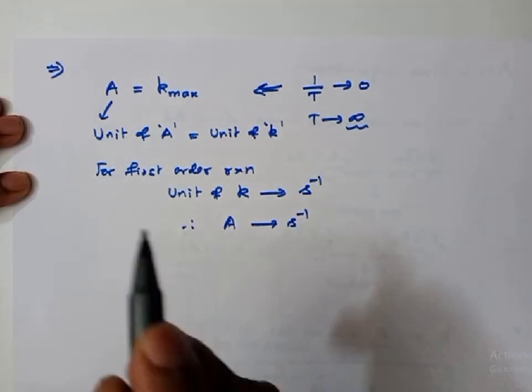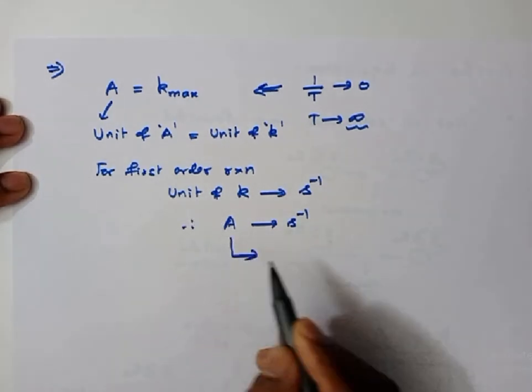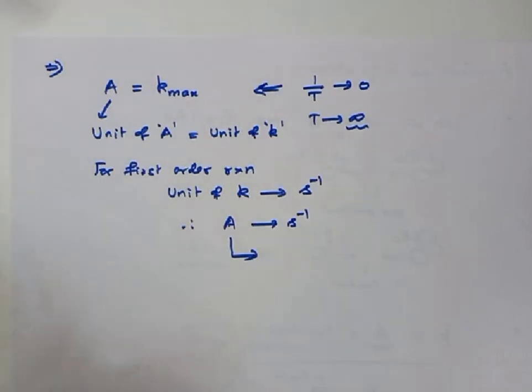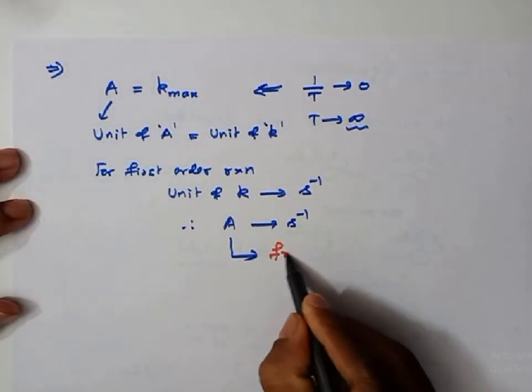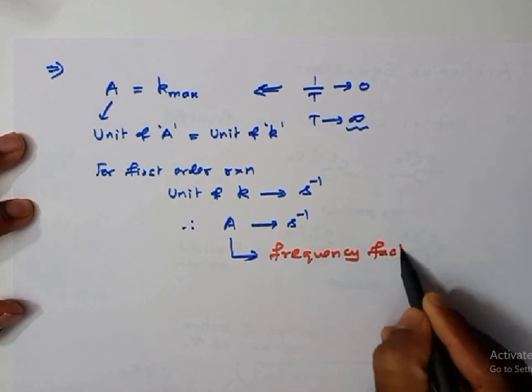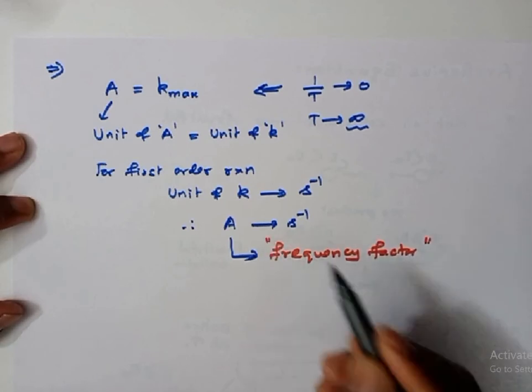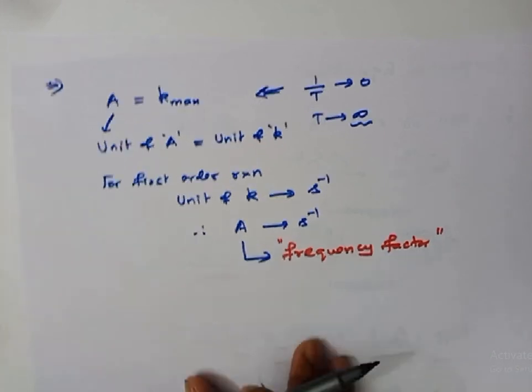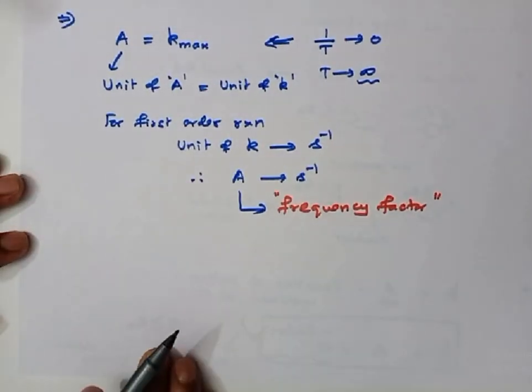So for a first order reaction, this A can also be called the frequency factor. For all other reactions, A should be called the pre-exponential factor. That is another important point you should keep in mind.